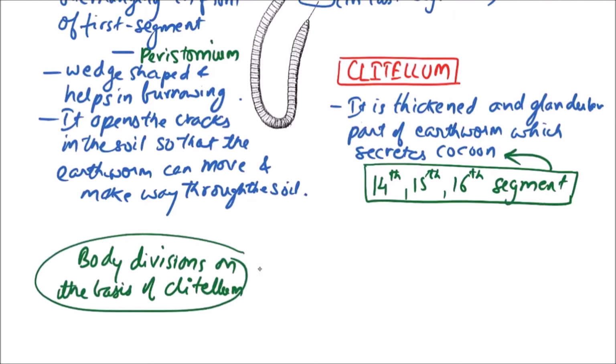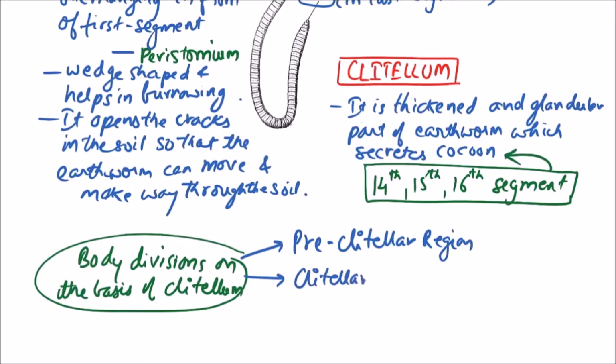First one is preclitellar region. Second is clitellar region, and third one is postclitellar region.